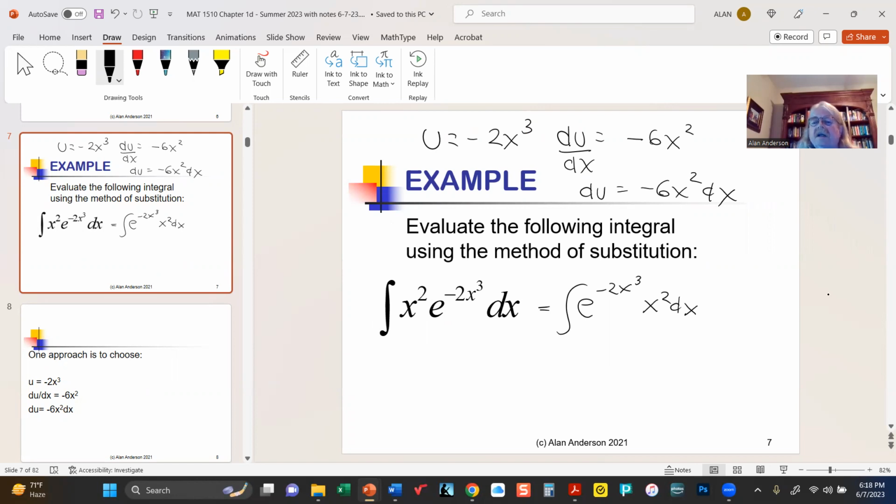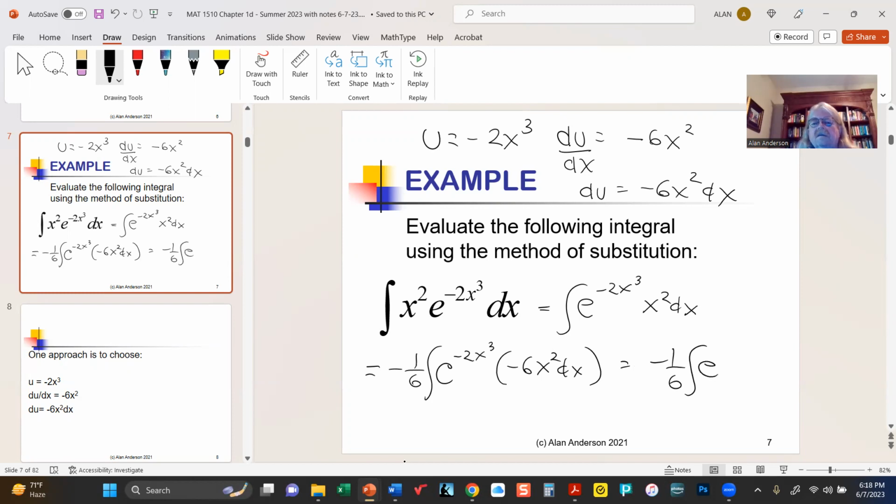So you've noticed by rewriting it like this, we're missing the negative 6. So now we actually have minus 1/6 e to the u. Oh, no, it's here. Sorry. e to the u du.